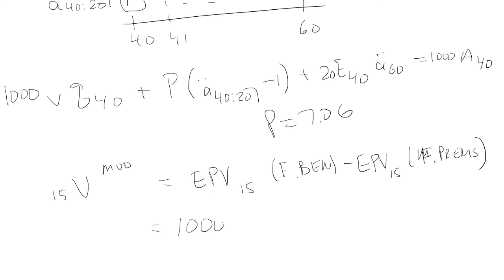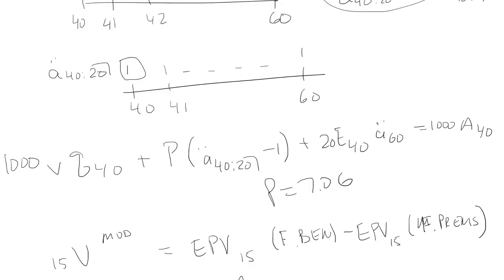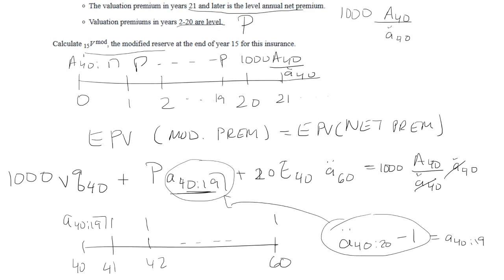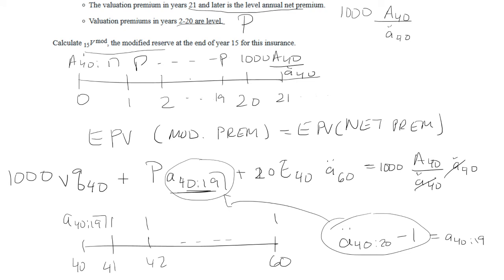It's $1,000. We start at age 40, so add 15 years to that. It's age 55. Now we're starting at age 55. Let's see what the premium is. Okay, 15 is right here in the middle.